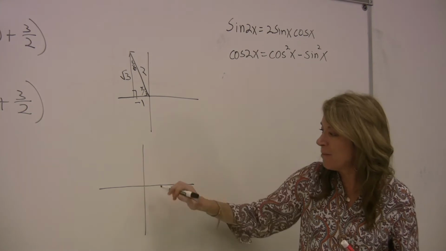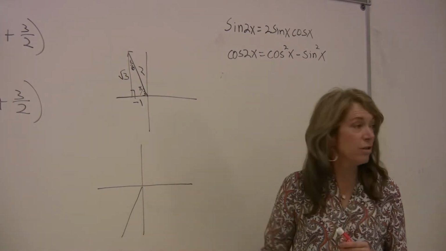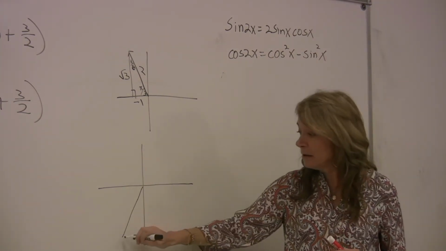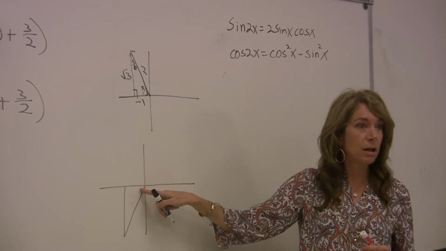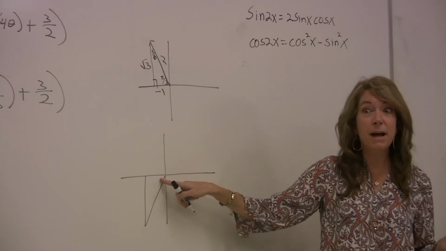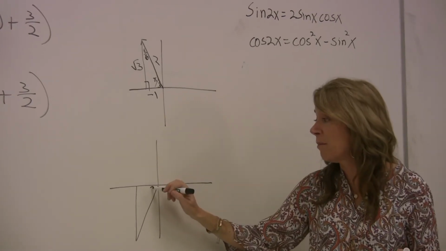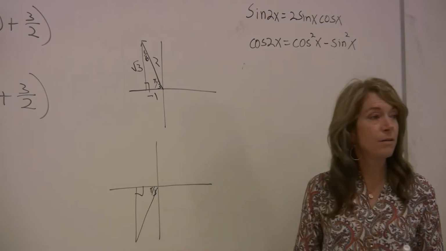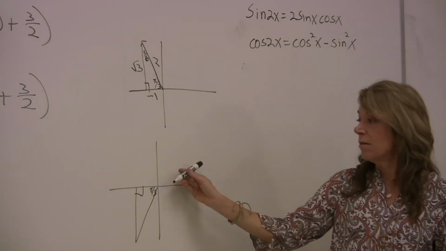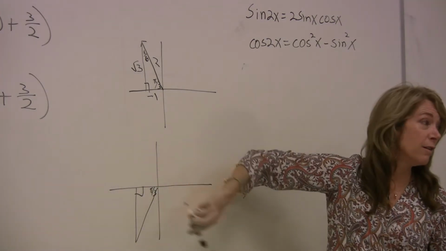And I have to go 1 more pi over 3, I end up down here-ish. What's this angle right here? It's another pi over 3, right? Because we went 4 pi over 3s. One, two, three, 4 pi over 3s.